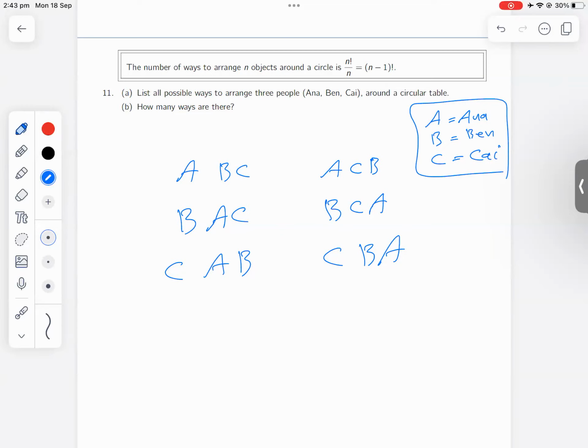And we see that if I make the circle version of these guys, it will be A, B, C, it's here, and then B, C, A, all right, and C, A, B. It's here.